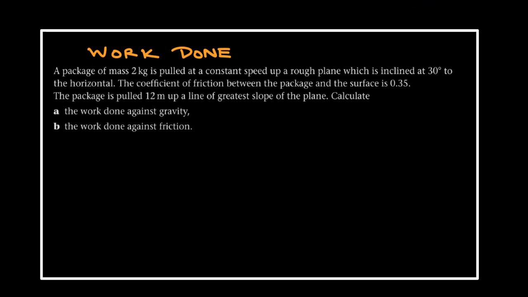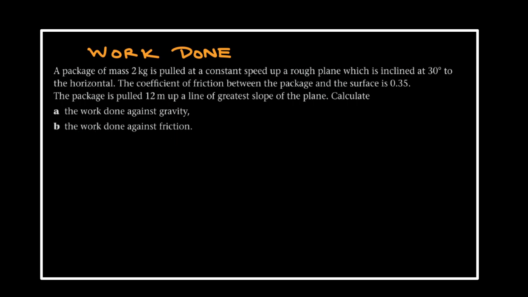Now it says a package of mass 2 kg is pulled at a constant speed up a rough plane which is inclined at 30 degrees to the horizontal. Coefficient of friction between the package and the surface is 0.35. The package is pulled 12 meters up a line of greatest slope of the plane. Calculate the work done against gravity.